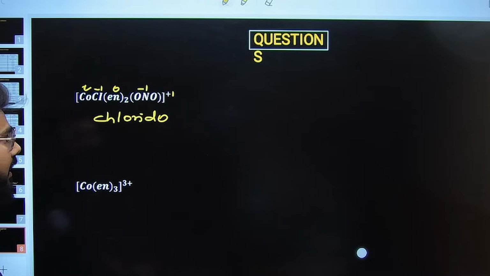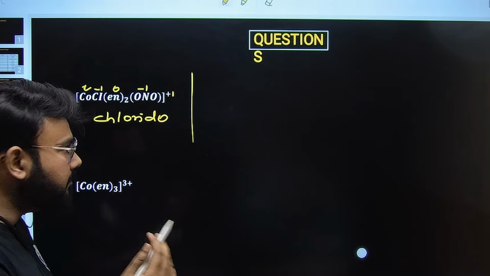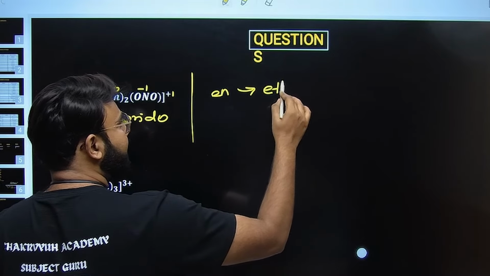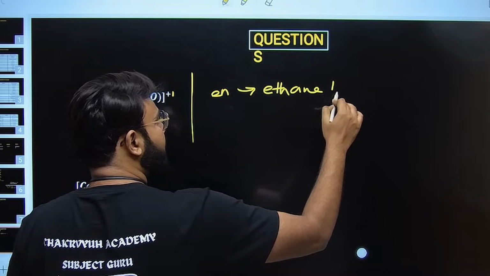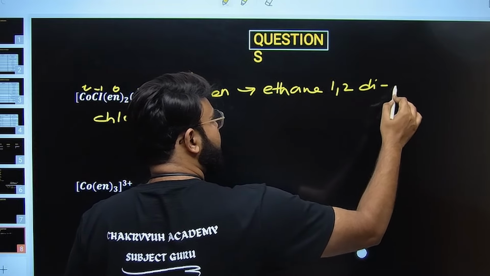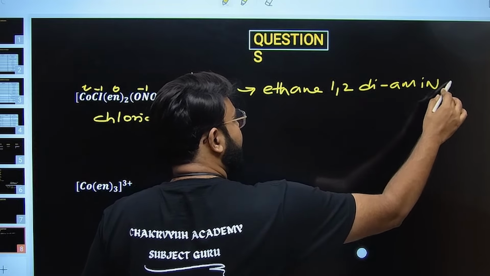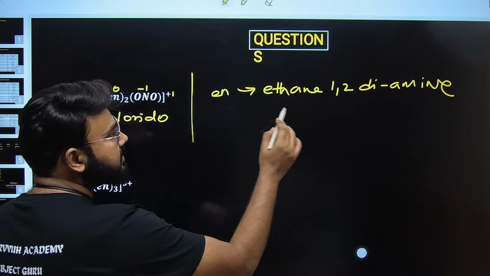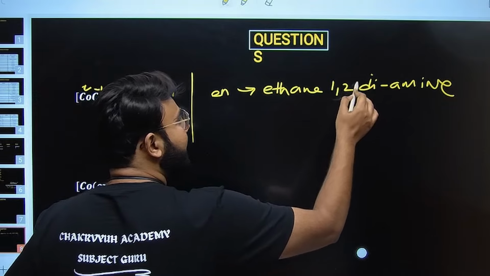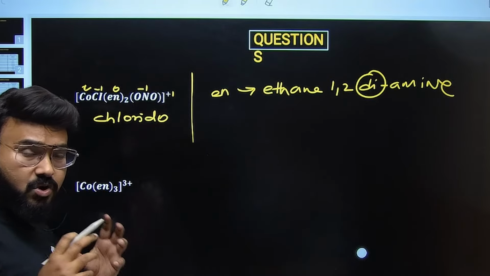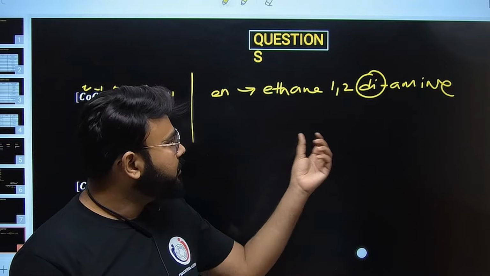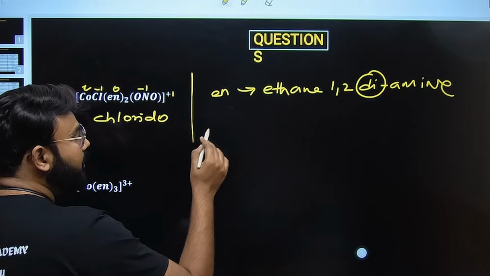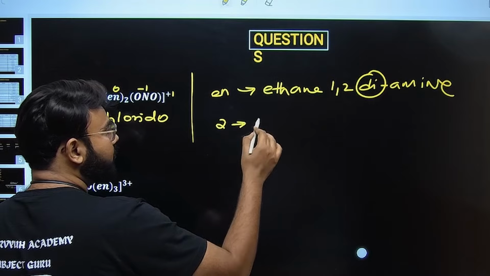Now, there is another rule. Remember, if you come across this ligand, which is En, it is called ethane 1, comma 2 diamine. In this amine, you don't have a double M, okay, single M. Now, if you come across such ligands which already have a word di, tri, tetra in their name, then to indicate when they are two, do not use di.